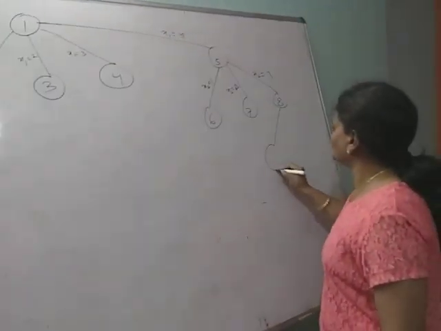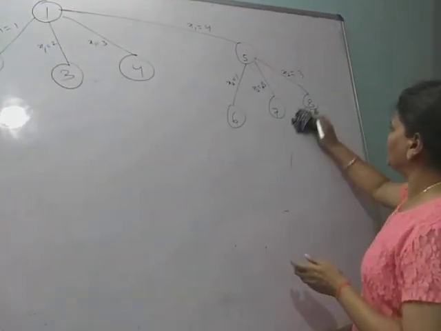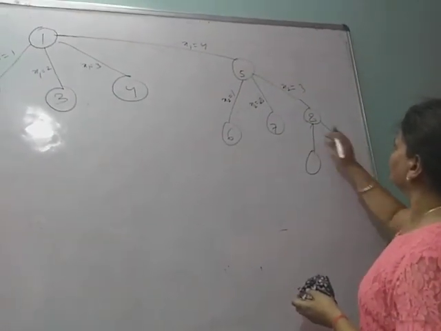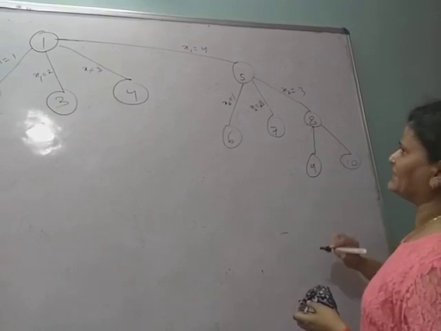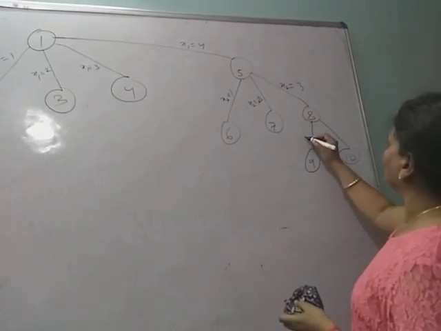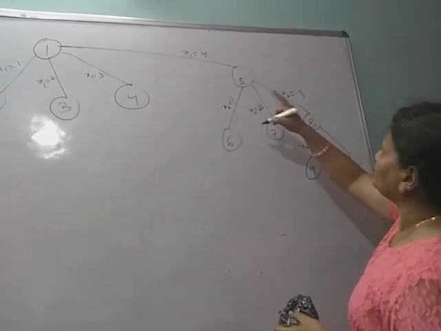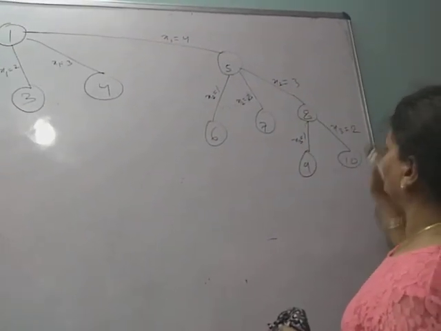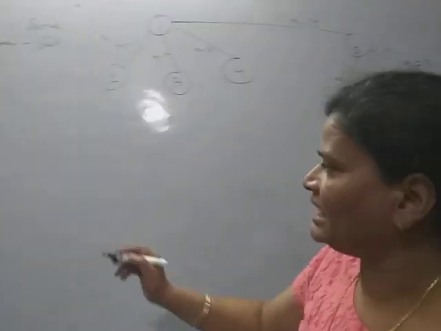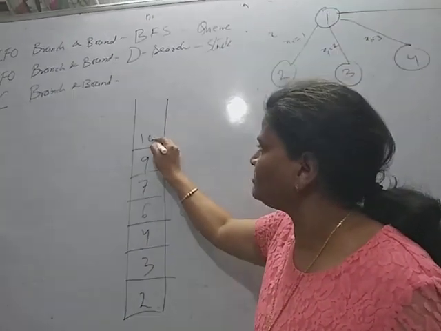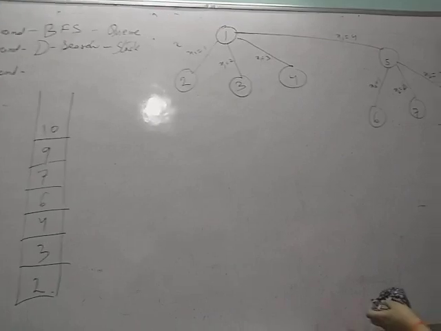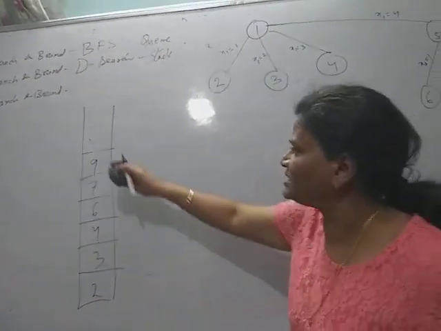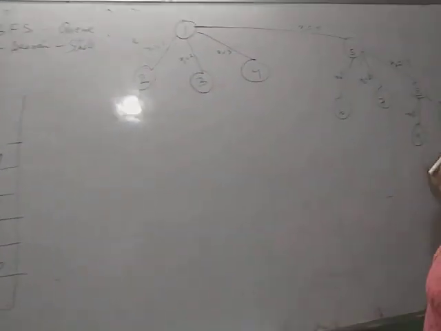Here there are 2 possible branches for 8: 9 and 10, X3 equal to 4, 3, 2. Again 9 and 10 will be pushed onto the stack, and then 10 will be popped, so 10 will be the next E node.